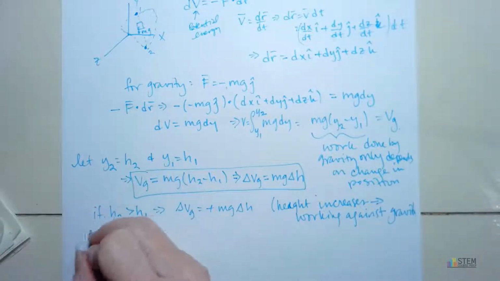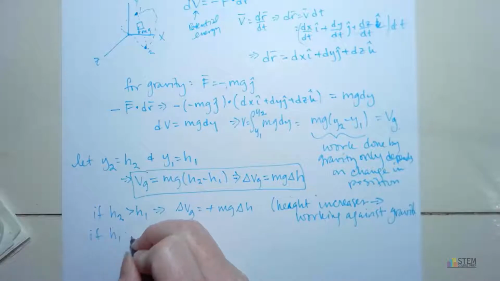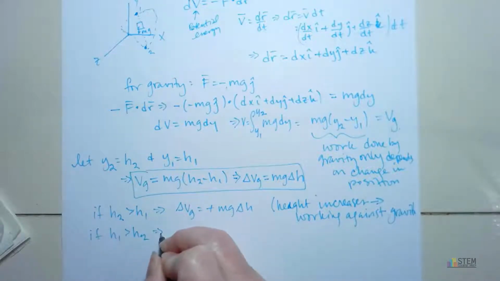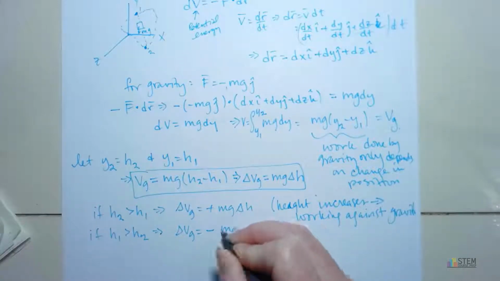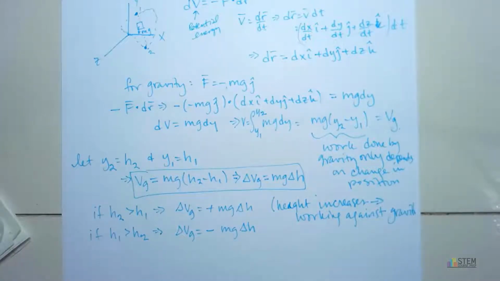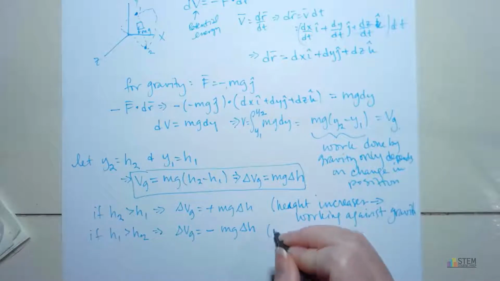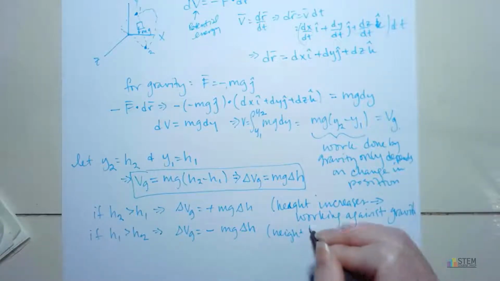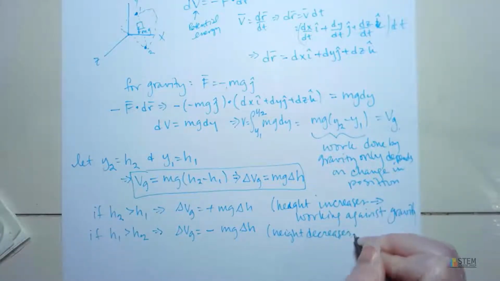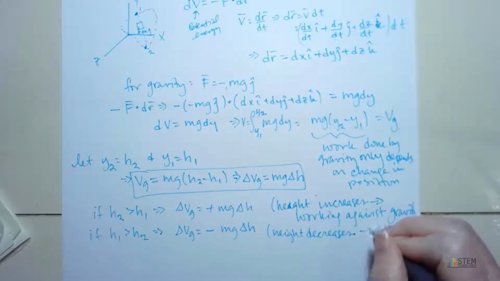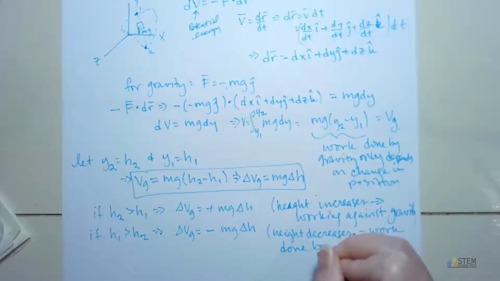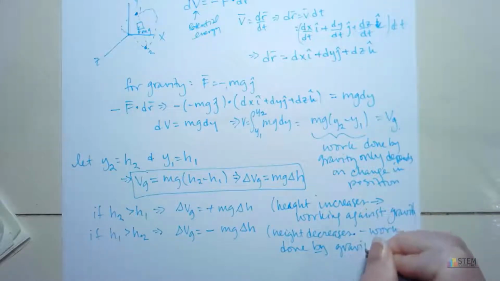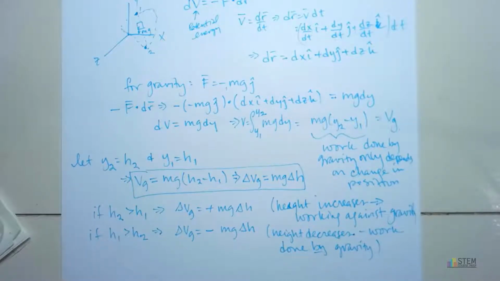Now, if the opposite happens, and if h1 is greater than h2, well, now delta Vg is going to be negative mg times delta h. And in this case, the height decreases. So now we're closer to the ground, so now we have work done by gravity. All right, so gravity's helping you out in this case, right?